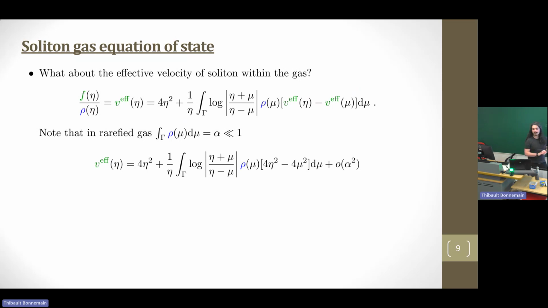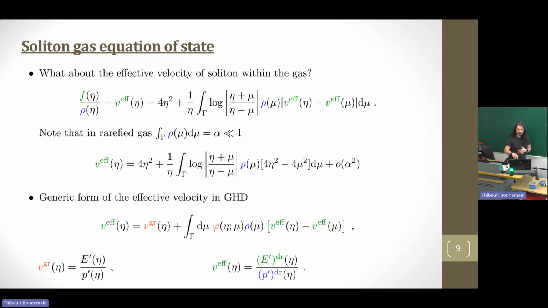Then you get the very fine effective velocity. And this structure is very general when it comes to the effective velocity in many-body integrable systems. So we have written it in its most generic way, where the only things that are model dependent are the group velocity and the phase shift.